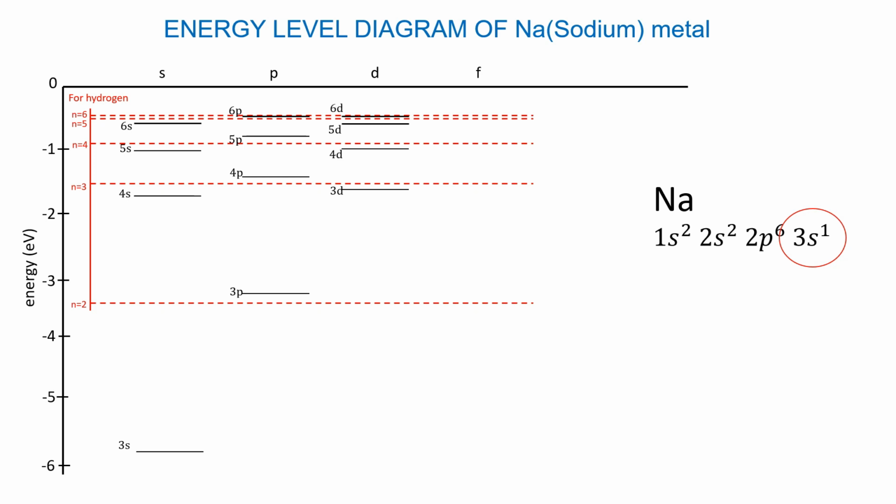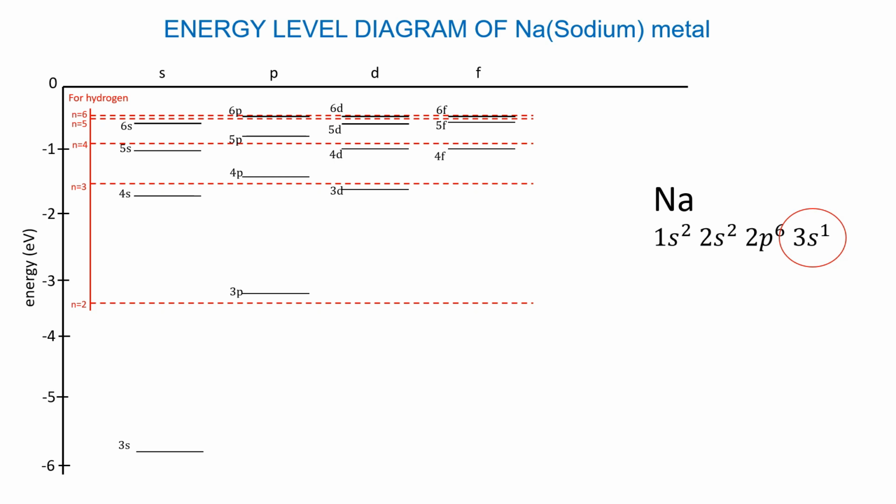For the f orbitals, we know that the energy levels of d and f orbitals are almost similar. Therefore, we will draw the f orbitals beside the d orbitals, that is 4f beside 4d, 5f beside 5d, and 6f beside 6d. So these are the positions of the orbitals for the energy level diagram of sodium metal.